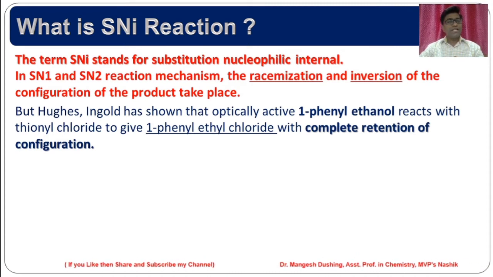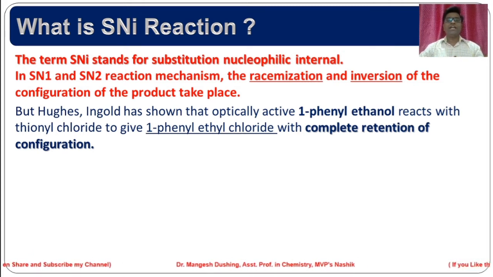But in the case of the SNi reaction mechanism, complete retention of configuration. It means that the configuration of the substrate as well as the product is going to be the same. So there is no change in stereochemistry of the starting material as well as the product.